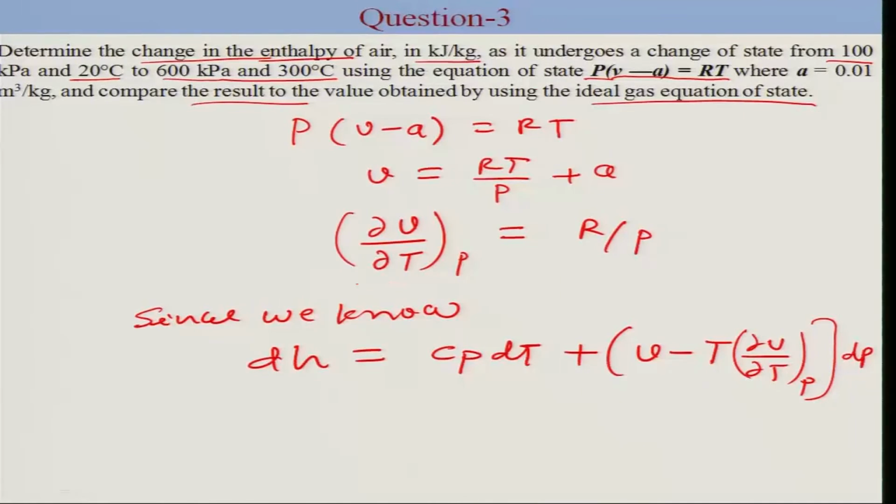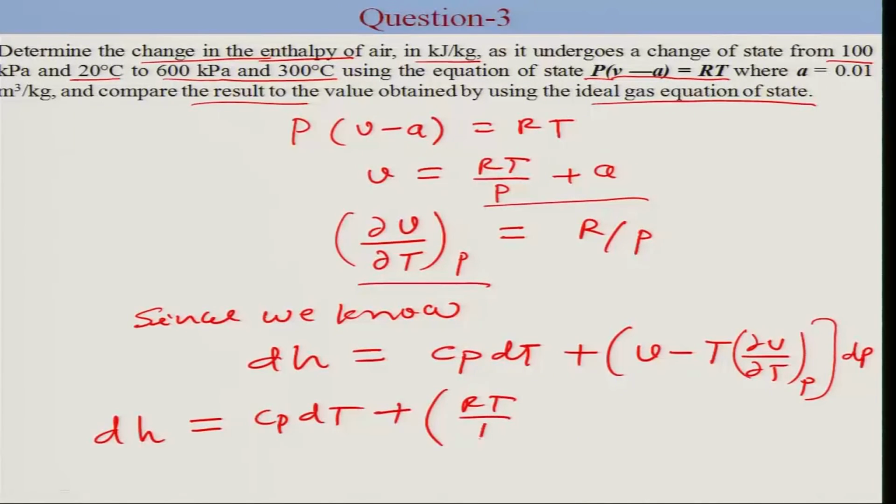So, substituting this value here, we get dH equal to Cp dT plus, volume is RT by P, so RT by P plus A minus RT by P. So, this gets cancelled out, and what we get from here is dH equal to Cp dT plus A times dP.